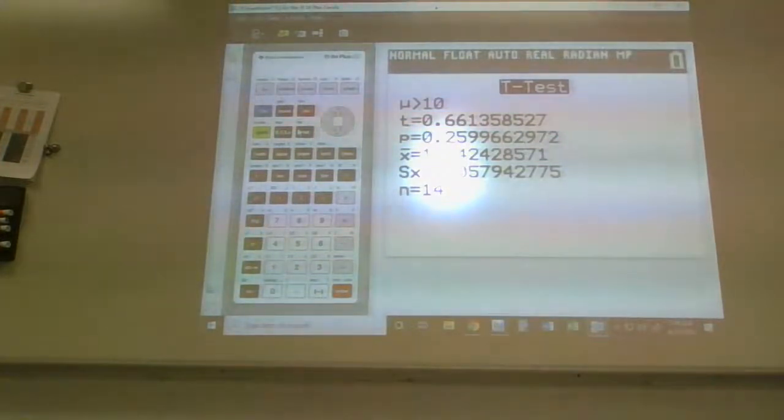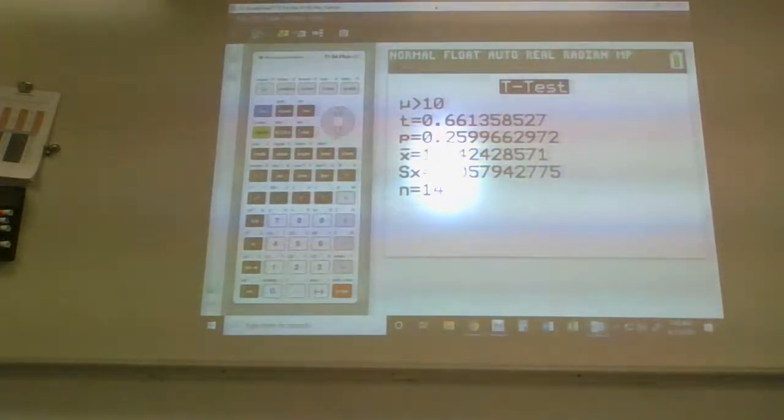I'm going to write down some information and then I'll flip my screen over. So x bar was that number, s was that number, n was that number. Mu sub 0 is equal to 10. And we were looking at the alternate being greater than mu sub 0.